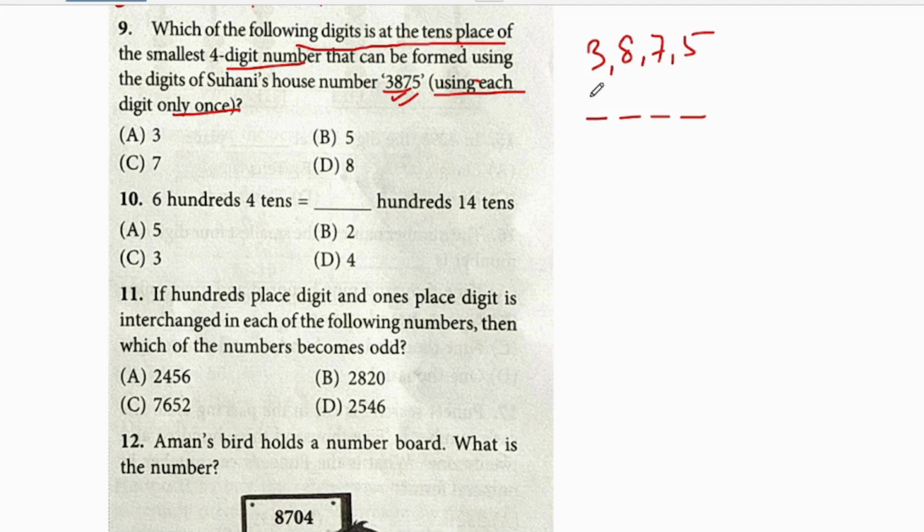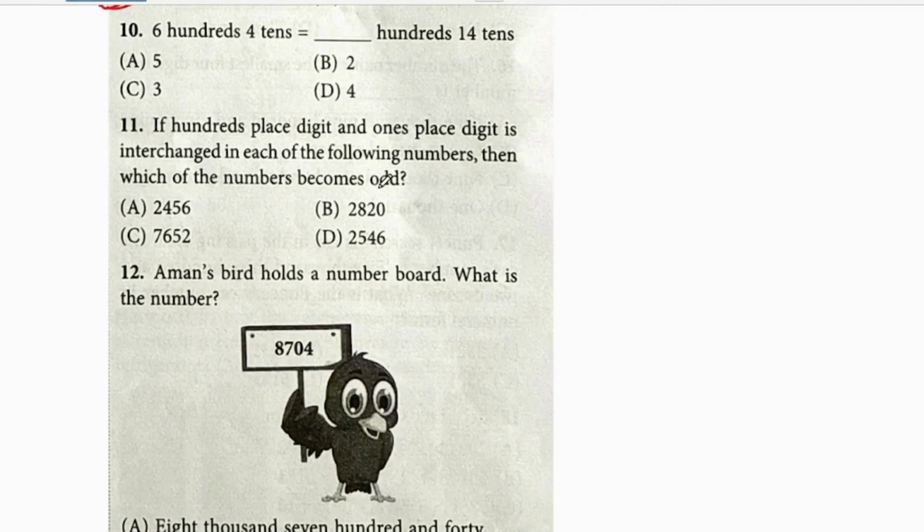The smallest means start with the smallest digit. 3 is gone, then 5, 5 is struck off, then 7, and then 8. Now the new number is 3578. Which digit is at the tens place of this number? The tens place is 7. 7 is your answer. Alright, you solve question number 10.